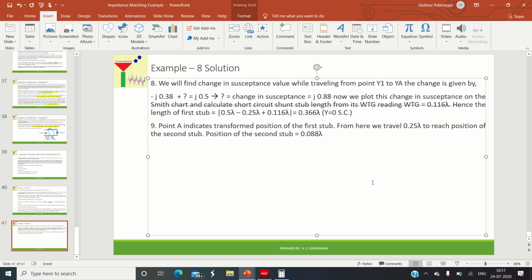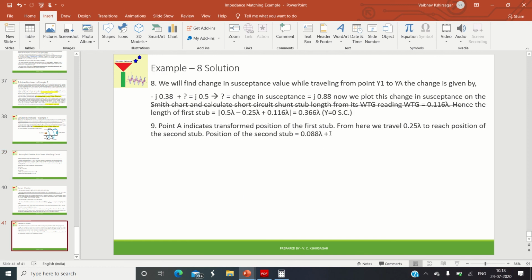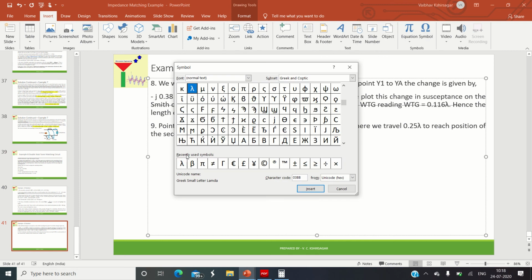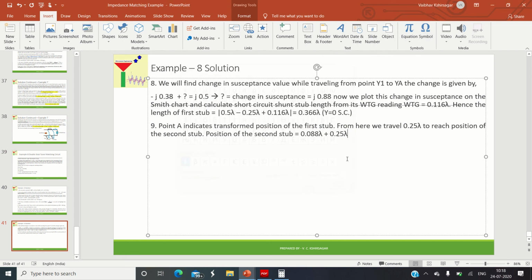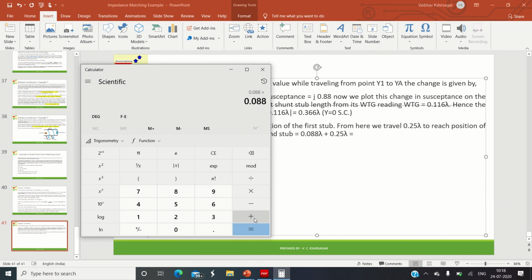Into this, I need to add lambda by 4, the spacing, so that I will reach the position of the second stub. Lambda by 4 is 0.25 lambda. You add this to this value: 0.088 plus 0.25 lambda, so it is 0.338 lambda.